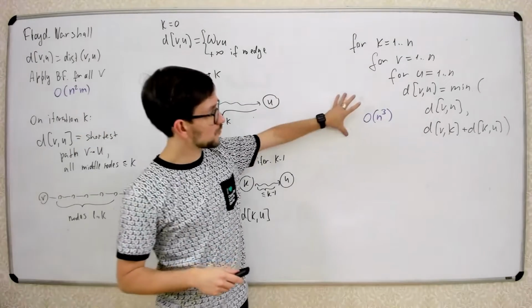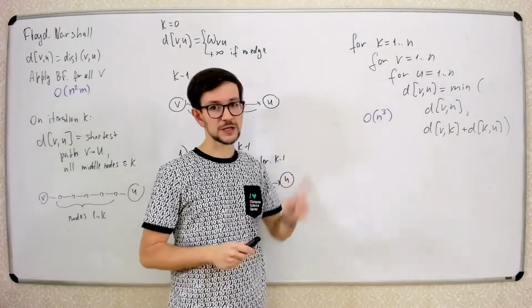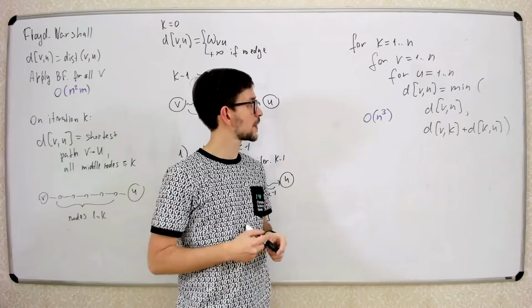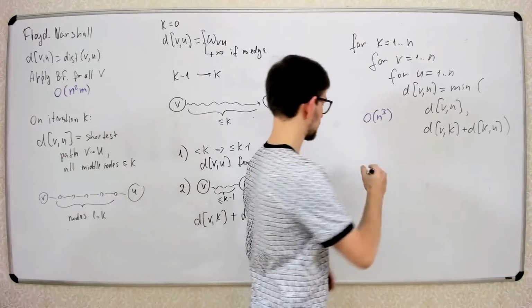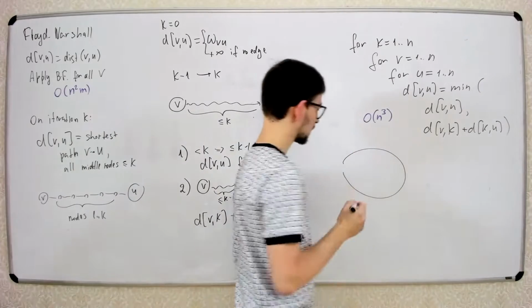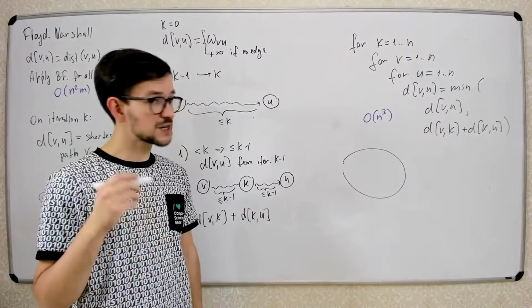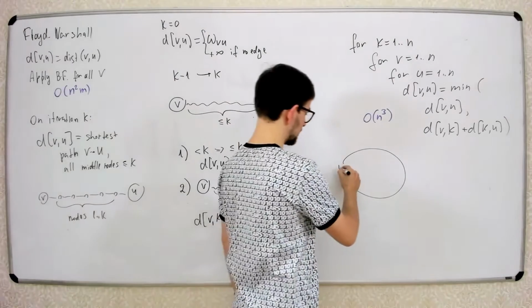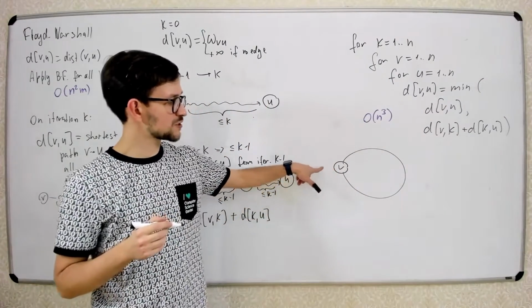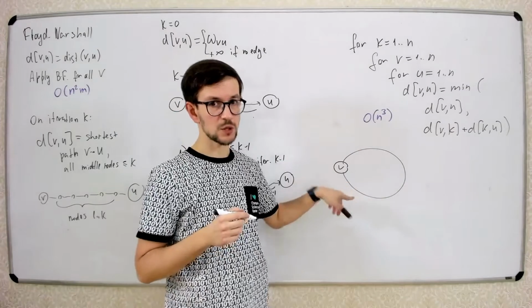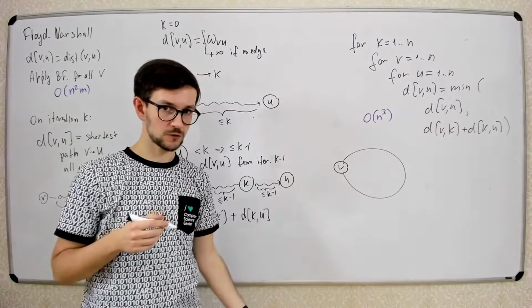In this Floyd algorithm, the way to detect a negative cycle is the following. If you have a negative cycle, then at some point you will have some node V such that the shortest path from V to itself will be less than 0.